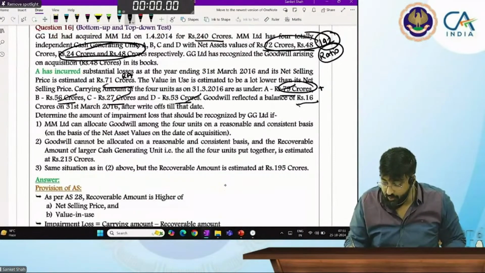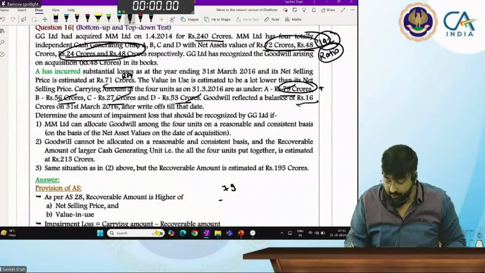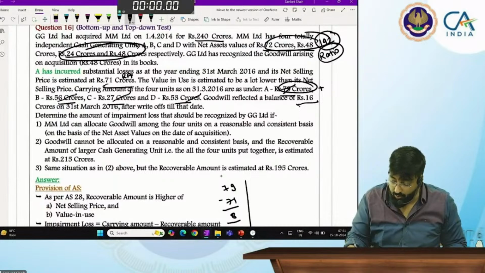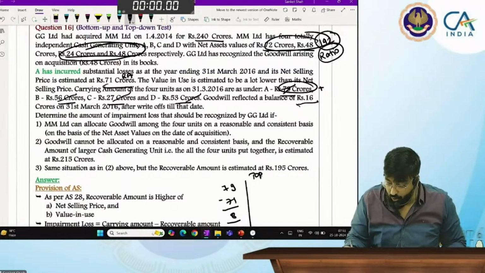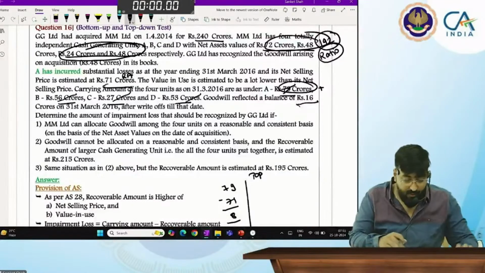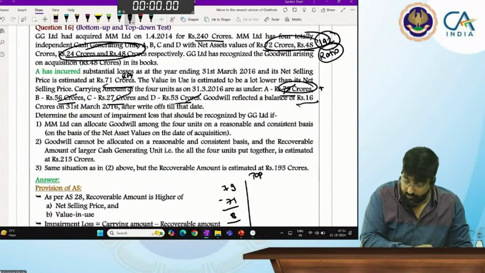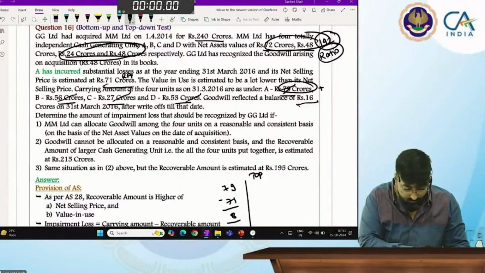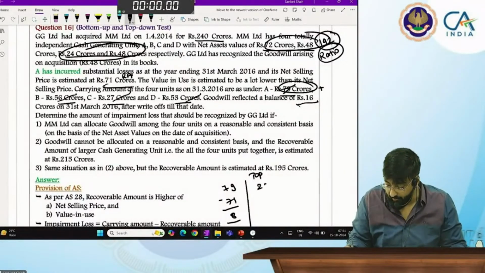See, first I will do the bottom up test. Bottom up test for which asset? A. 79 minus 71 without goodwill, 8 rupees. Correct? Now I will do top down. 79 plus 56 plus 27 plus 53 plus goodwill 16, 231.